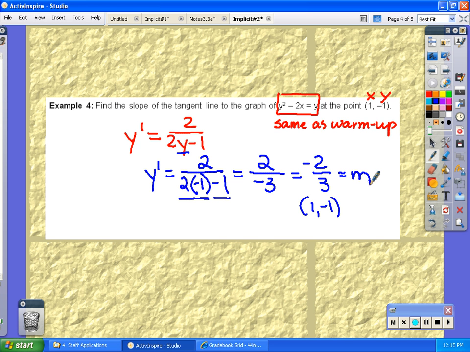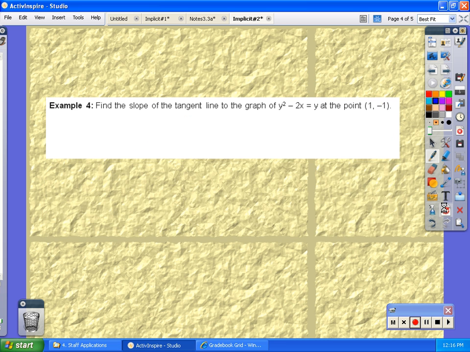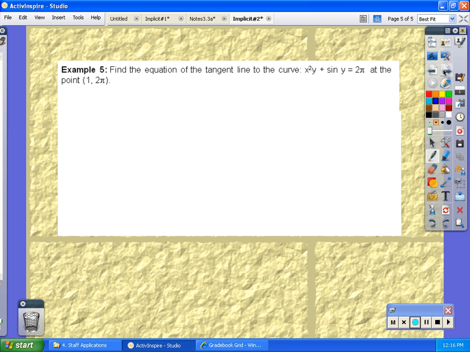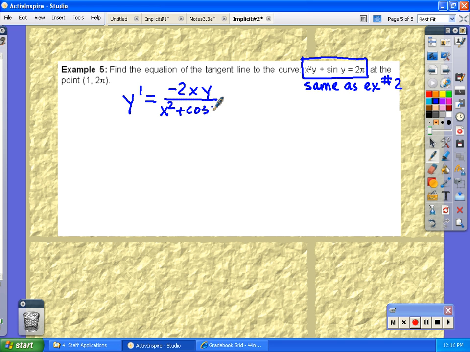The other part of the objective is actually finding the equation of the tangent line, and we're going to be doing that in example 5. Again, to save time, I used a problem that we've already found the derivative. This problem is the same as example number 2. So I'm going to start with the derivative from example number 2, which is y prime is equal to -2xy over x squared plus the cosine of y.